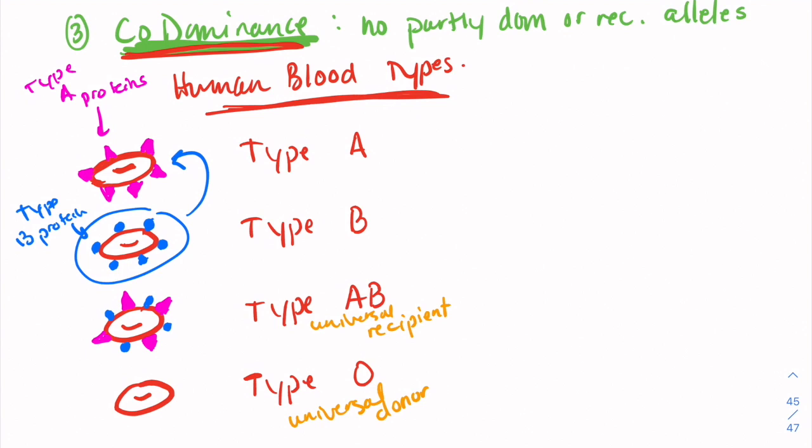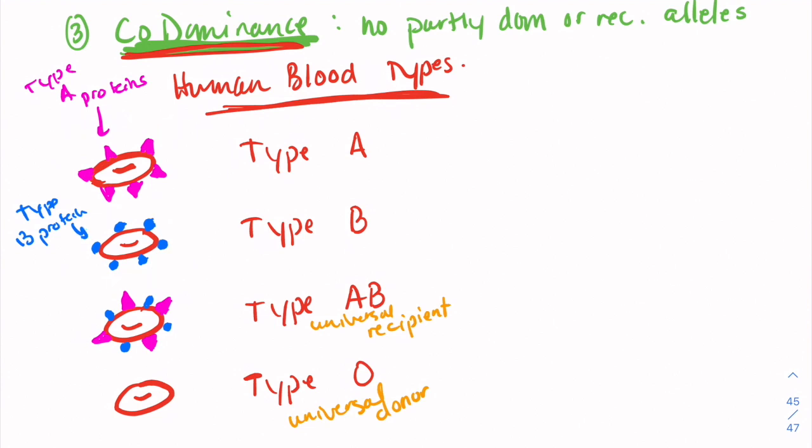So this person with the type A blood, their immune system is going to freak out going, what the heck are these blue proteins on there? Attack it, get rid of it, and you're going to have a huge immune response and get really, really sick because your immune system is freaking out that it doesn't know these B proteins at all.